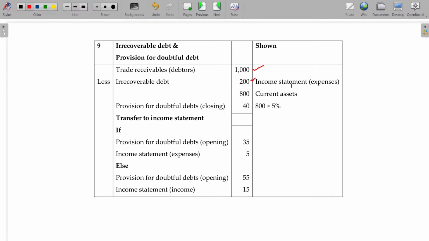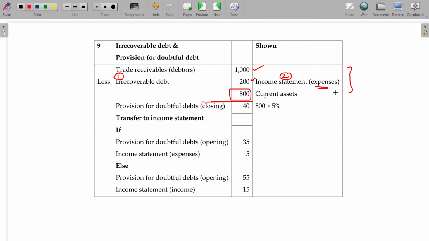That subtracted value will be your expense. It has two impacts: one is subtracting from debtors, another is that it should be shown as an expense in your income statement. Two statements, two records. After that, whatever value you have as balance is the current asset shown in the books. Clear? This is all about irrecoverable debt.